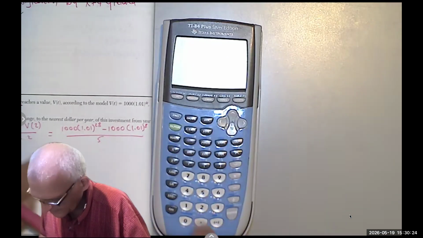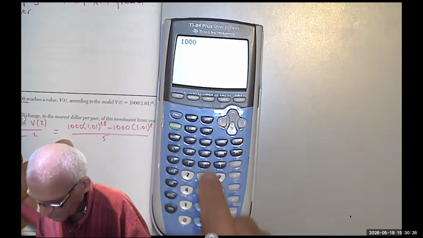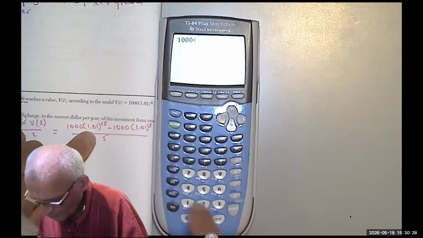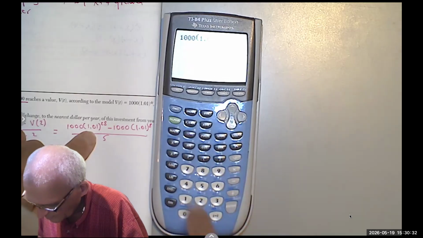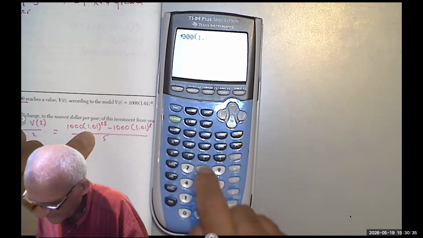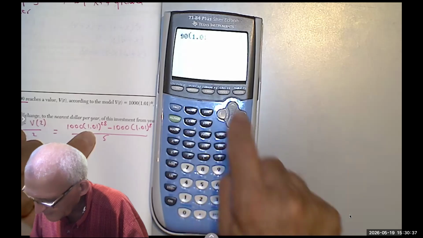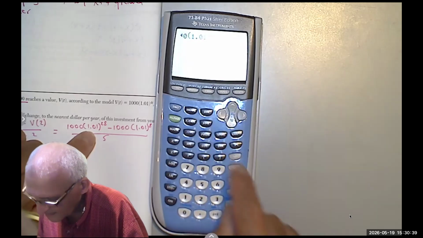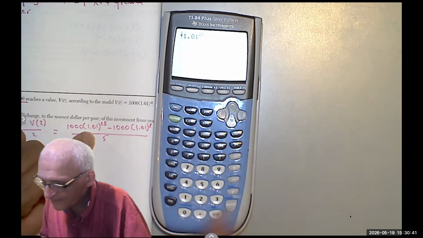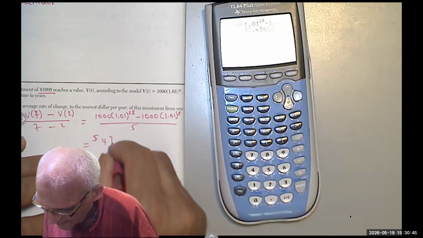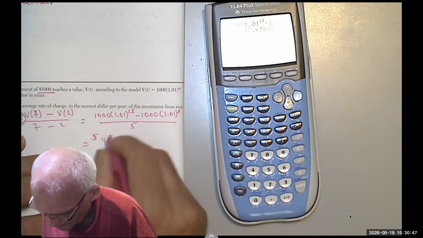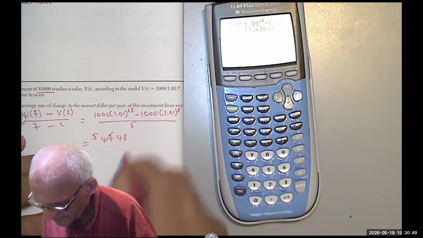So I can take 1,000 out and open a parenthesis and say 1.01 to the power of 28 minus 1.01 to the power of 8. Oh, again, I always do that. Divided by 5. That gives me $47, to the nearest dollar, so $48 per year.